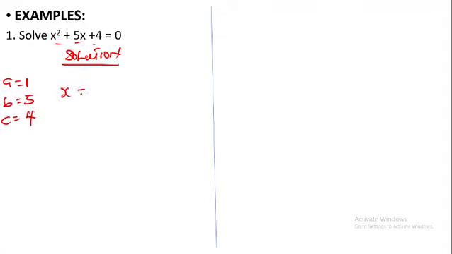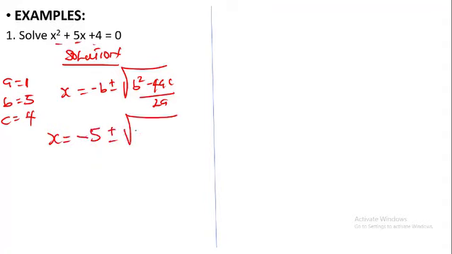And generally x is given as what? Minus b plus or minus the square root of b squared minus 4ac all over 2a. So let us now substitute. X will then be equal to minus 5 plus or minus the square root of 5 squared minus 4 times a, which is 1, times c, which is 4, all over 2 times a, and our a is what?